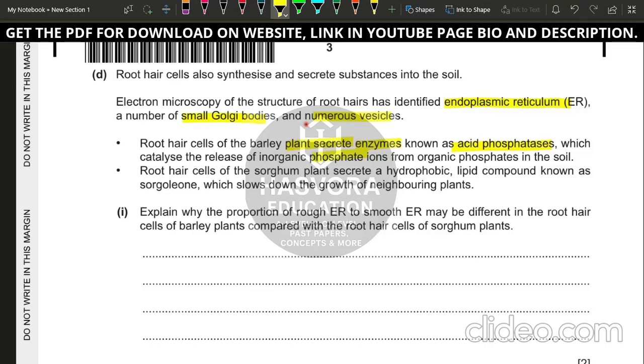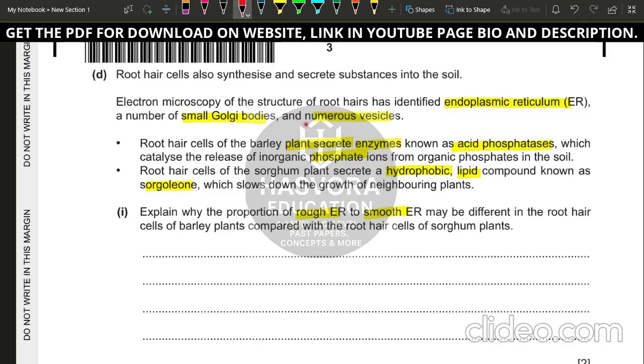Root hair cells of the sorghum plant secrete a hydrophobic lipid compound known as sorgoleone, which slows down the growth of neighboring plants. Explain why the proportion of rough endoplasmic reticulum to smooth endoplasmic reticulum may differ in the root hair cells of the barley plants compared with the root hair cells of sorghum plants.